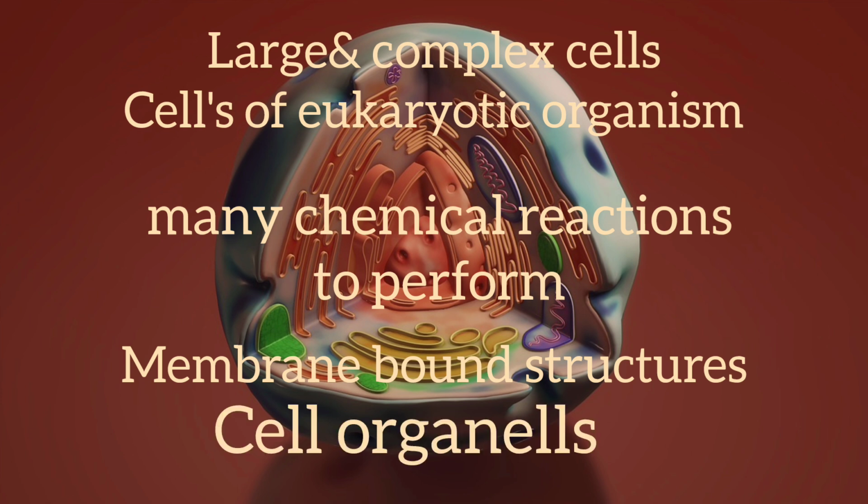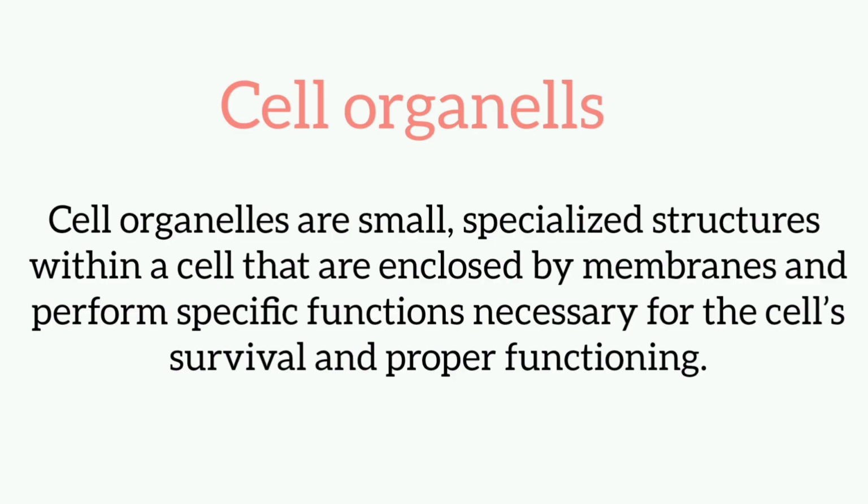These tiny structures are called the cell organelles. Now, how can you define cell organelles? Cell organelles are small specialized structures within a cell that are enclosed by membranes and perform specific functions necessary for the cell survival and proper functioning.